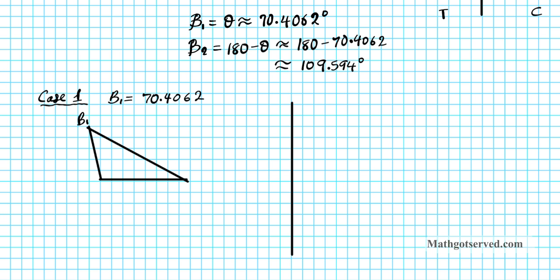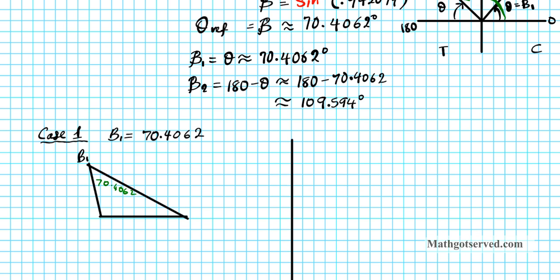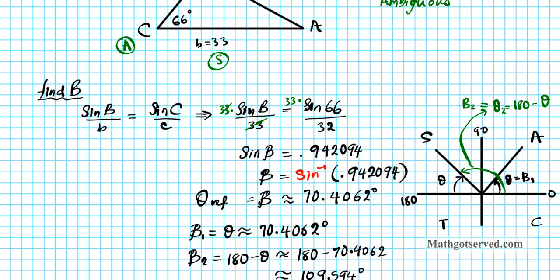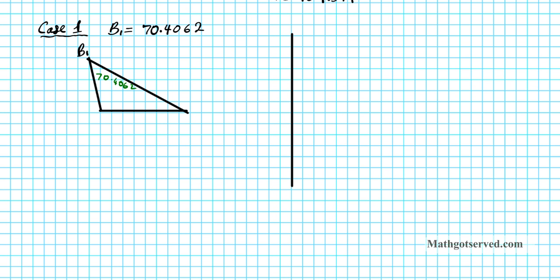So B1 is going to be 70.4062. That's B1. What do we know? We know angle C. Angle C is 66 degrees. We also know that little c is 32.